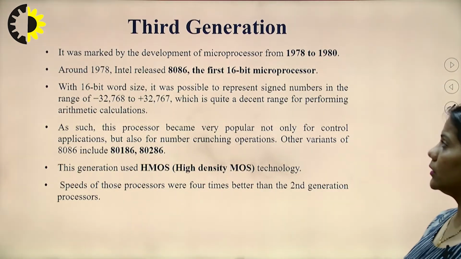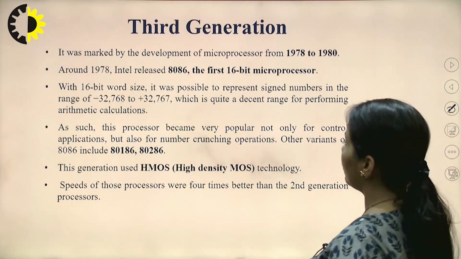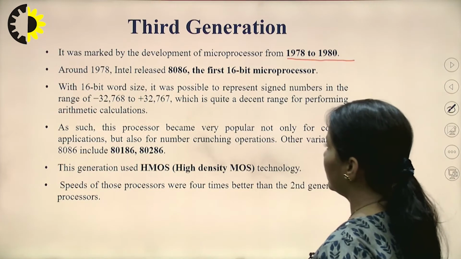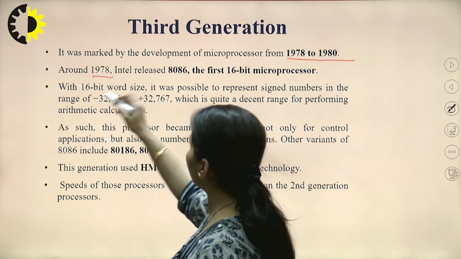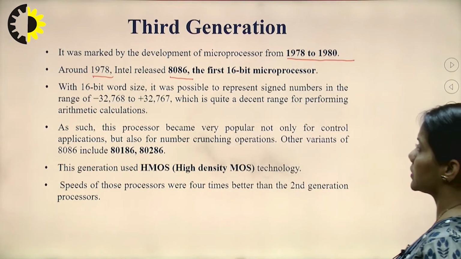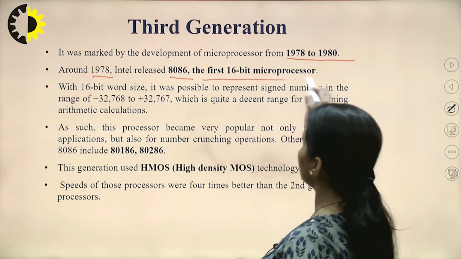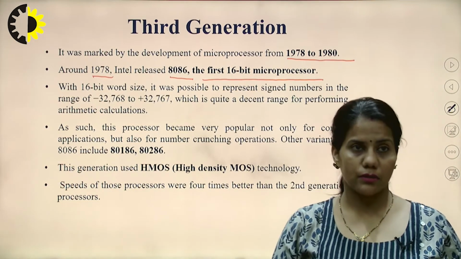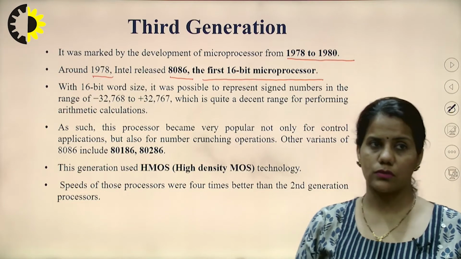Third generation, it was marked by the development of microprocessors from 1978 to 1980. Around 1978, Intel released 8086, the first 16-bit microprocessor. This is another important part, that in 1978, under the third generation, 8086 was introduced.